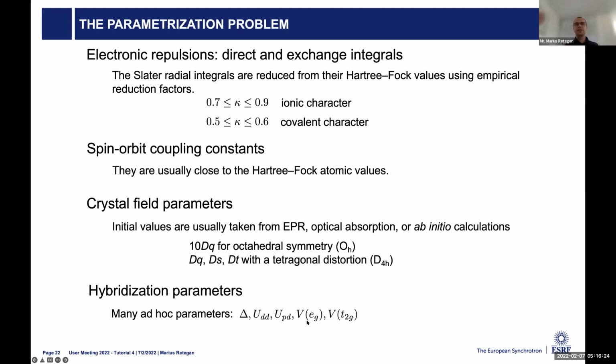While these calculations are relatively fast compared to, for example, a DFT calculation, you have to keep in mind they are parameterized calculations, and you need to vary these parameters in order to get a better agreement with the experiment. Following this improved agreement, you can say something again about your sample.